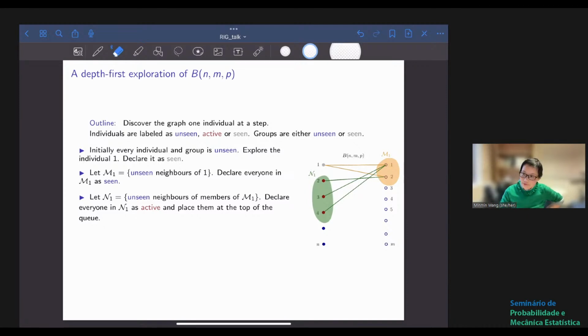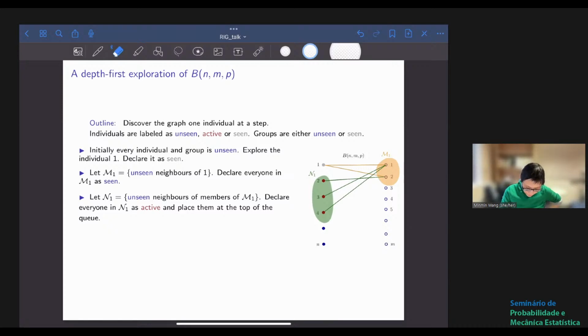Every time you add new members to this queue, you put them at the top of the queue. Here we have these 3 members. You put a random order among these 3, it doesn't really matter, but then you put them at the top of the queue. Now you have basically finished the exploration of the individual one.